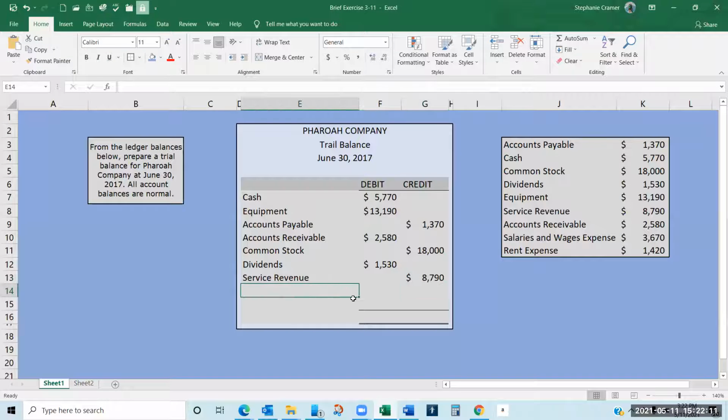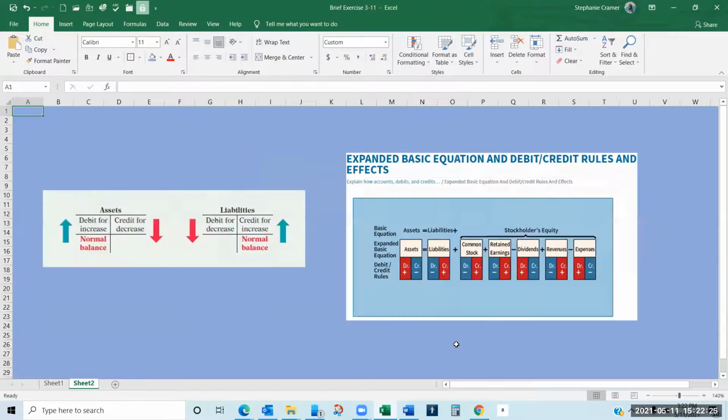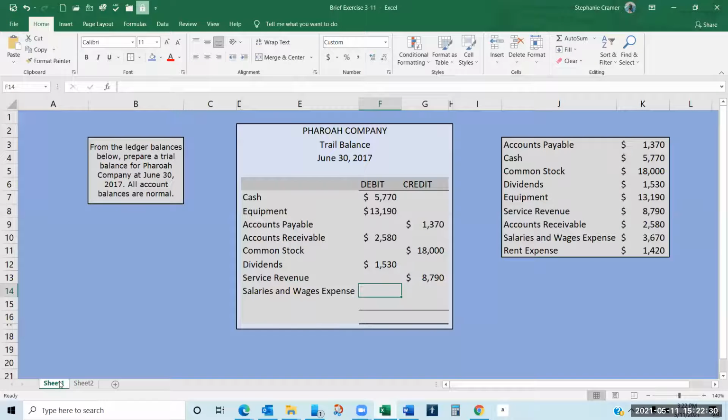All right. Then salaries expense. And going back to our visual, expenses are debits. So we will debit that 3,670.